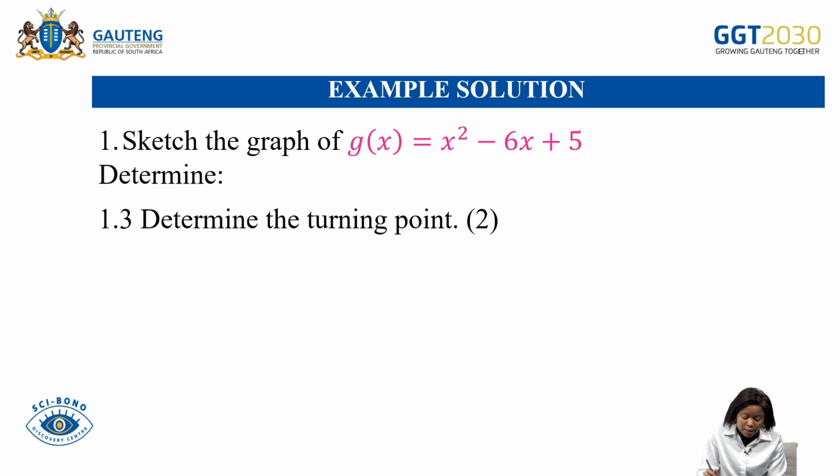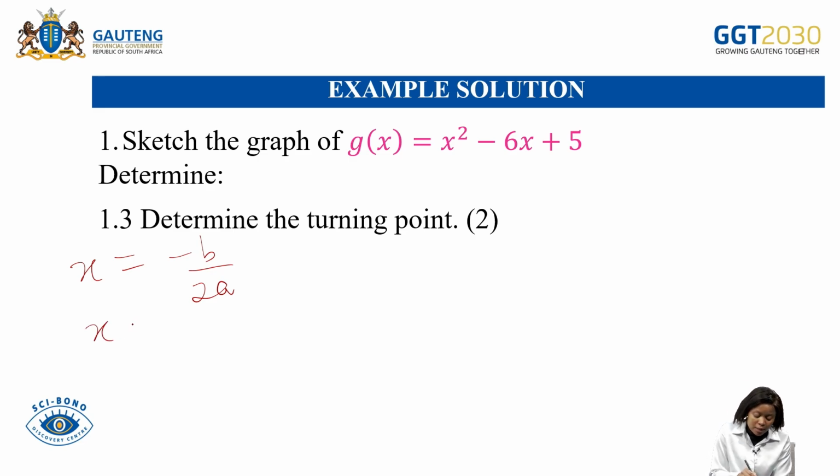Okay, let's quickly determine the turning point. I think I should just explain this one as well, ne? Because you haven't done the turning point when you are given ax squared plus bx plus c. So for you to find the turning point here, you need to say, okay, x equals to negative b all over 2a, right?